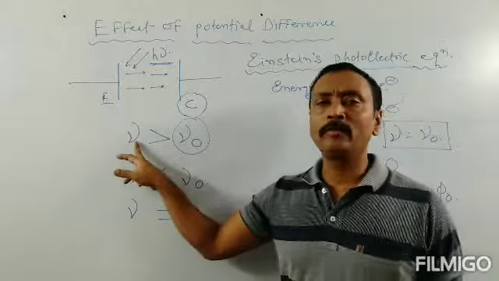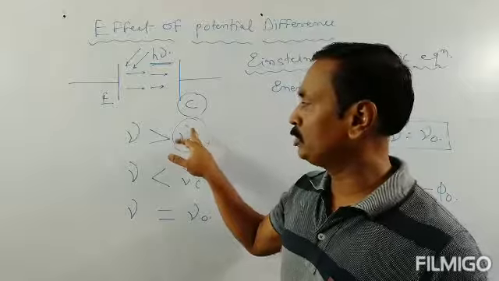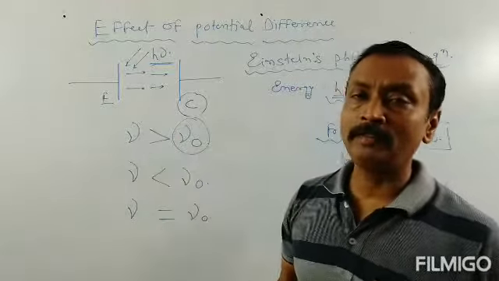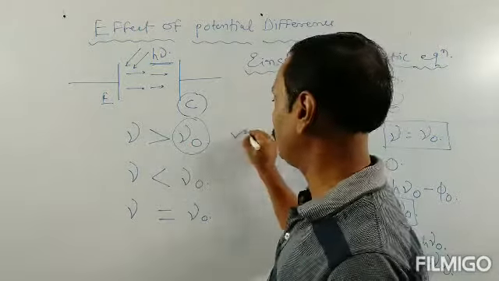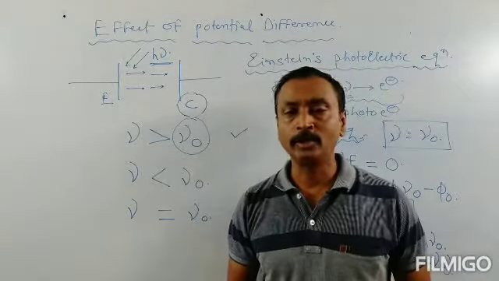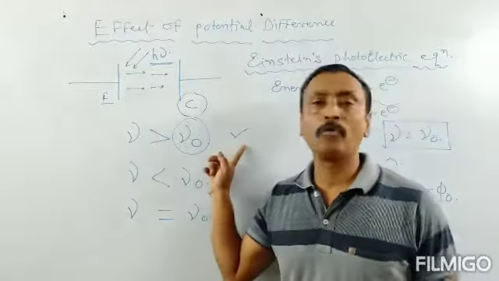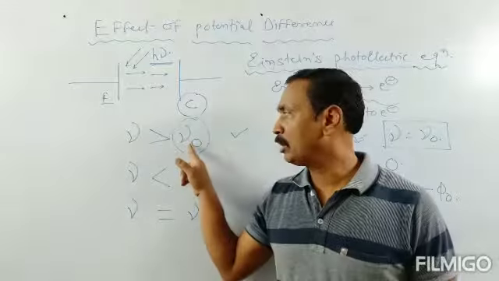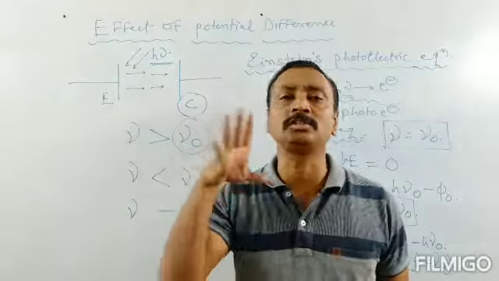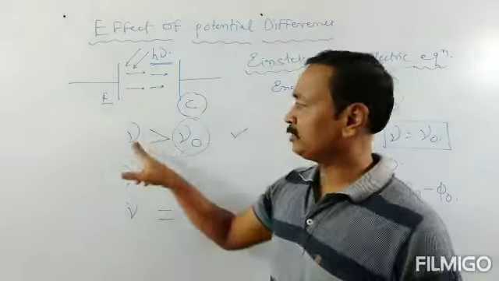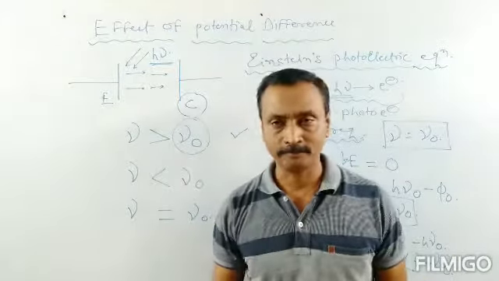If the frequency is greater than the threshold frequency, the photoelectric current will be there. Above the threshold frequency, we will get the photoelectric current, because the threshold frequency is the minimum frequency at which the photoelectron just appears. If the frequency is higher than that, naturally there is a photoelectric current, 100% appearing.